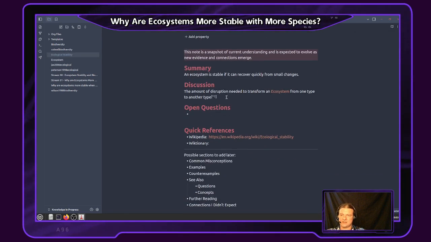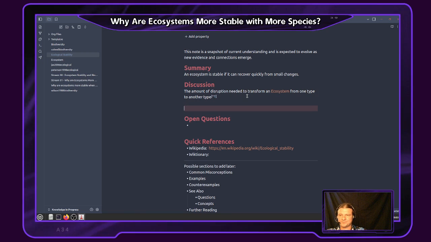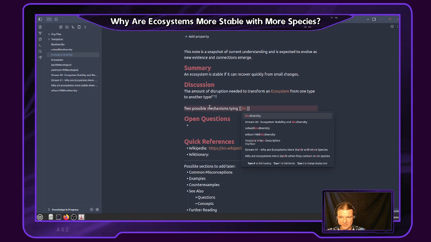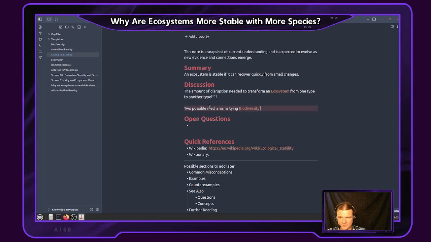So we'll go to ecological stability, and we'll make a note here. Two possible mechanisms tying, link that biodiversity to stability.